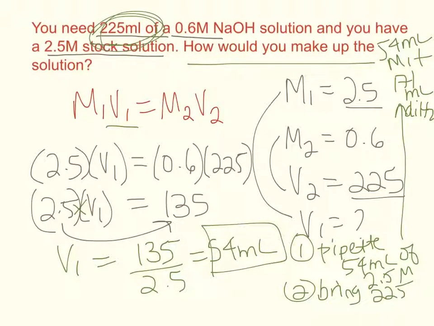It is important to recognize that you wouldn't be adding 225 milliliters of water, because that changes your volume 2 and would dilute your stock. It wouldn't be 0.6 anymore. I hope this helps. If you need any more assistance, please let me know.